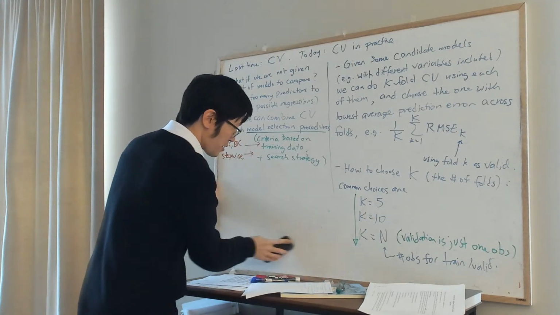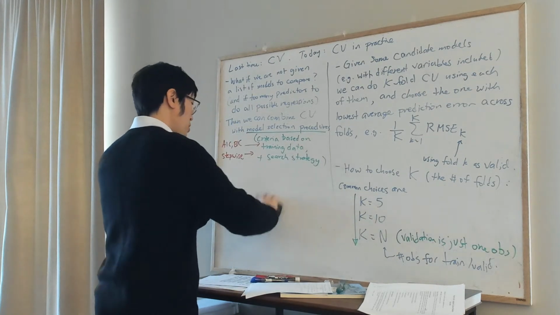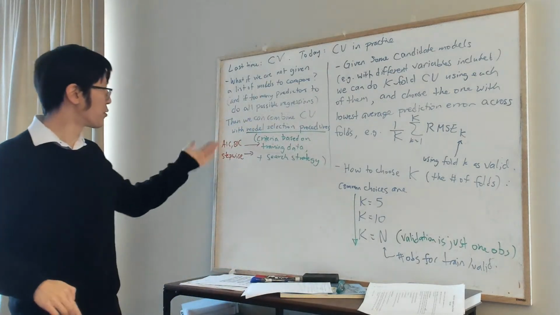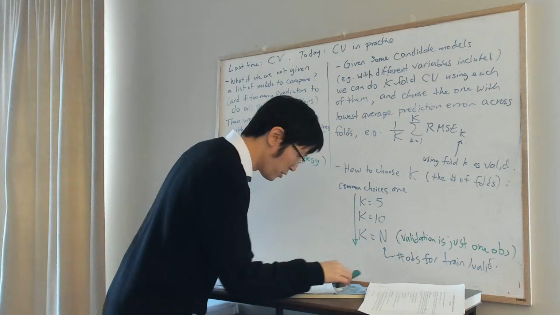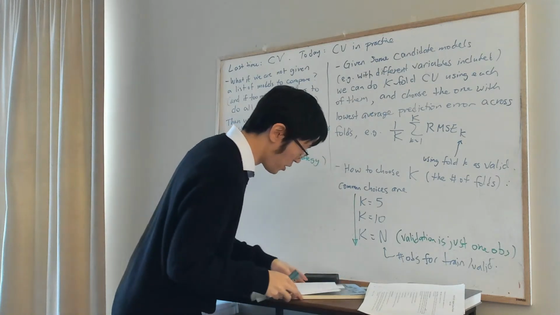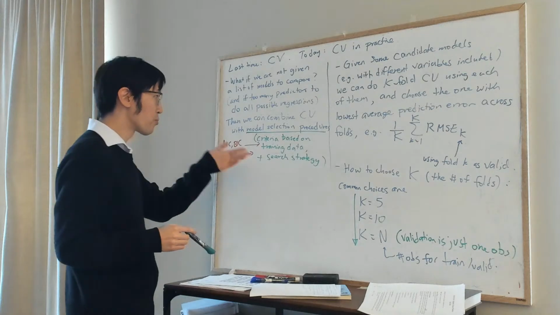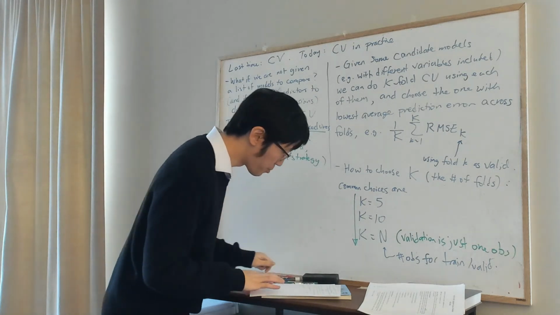After I discuss that, I want to take a little rabbit trail to tell you about a few extensions of both criteria and search strategies, especially when the problems are fairly high dimensional, in the sense that there are many predictors to choose from.